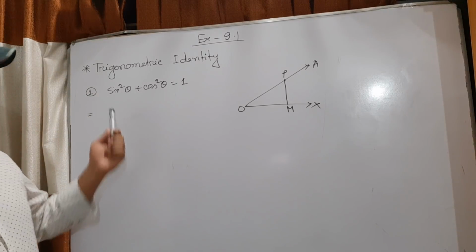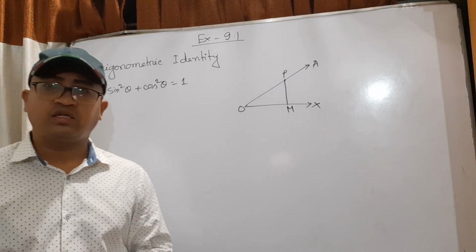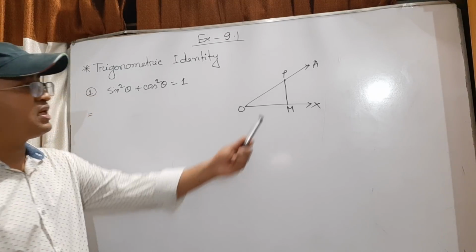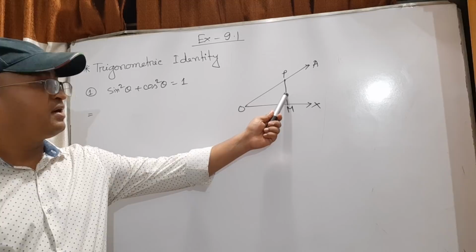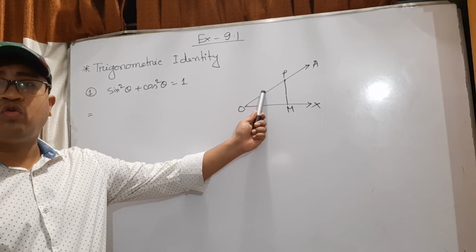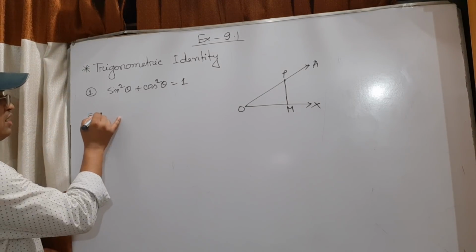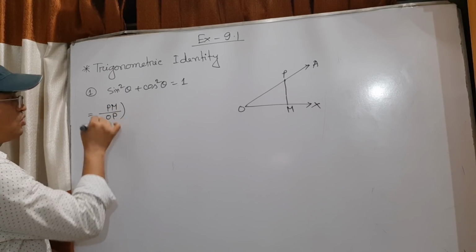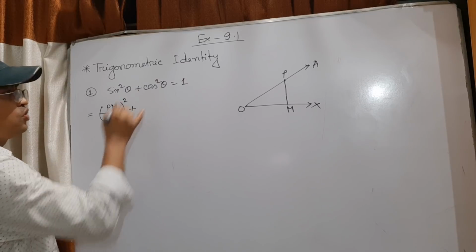Look, I have just told you sin theta is equal to opposite side divided by hypotenuse. Opposite side means PM divided by hypotenuse, that is OP. So I can write PM by OP whole square plus cos theta.